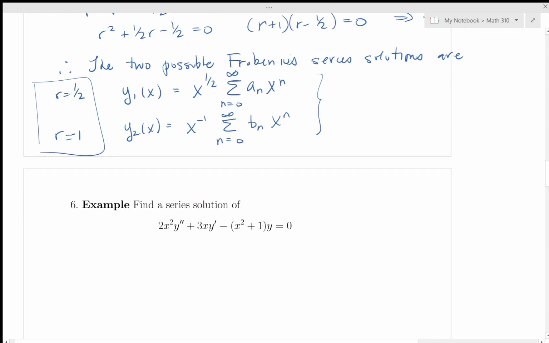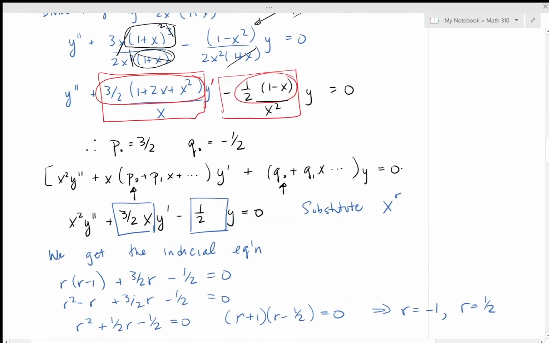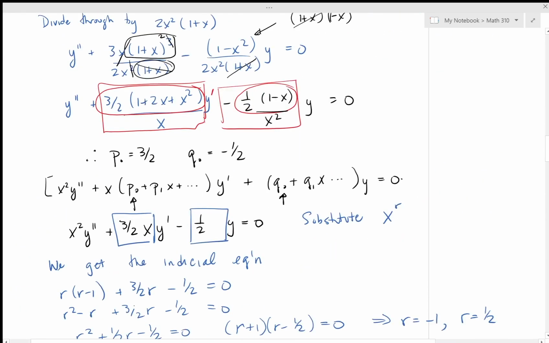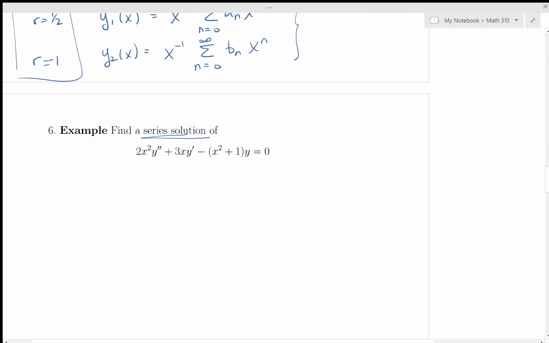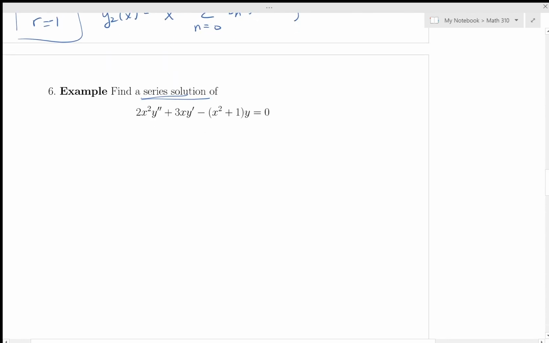In this one I'm going to find the full series solution to this differential equation. I'm going to follow exactly the same procedure: divide through by this function right here, divide through by 2x squared.